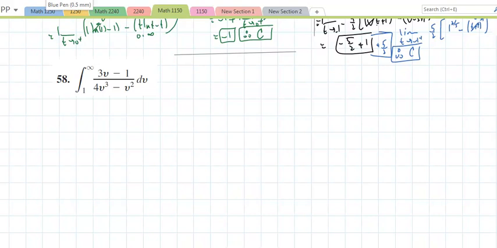Here I look at this problem and I notice that this requires partial fractions. So if I take 3v minus 1 divided by factor of v squared out, that would be 4v minus 1, right?